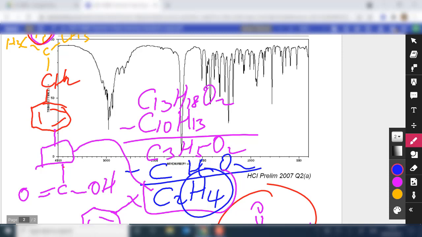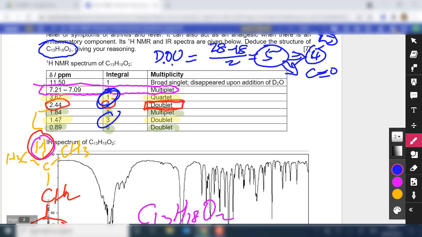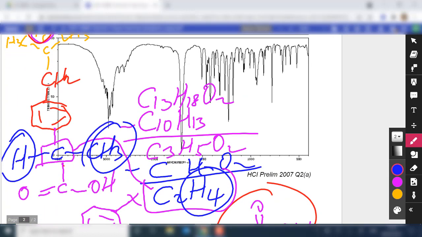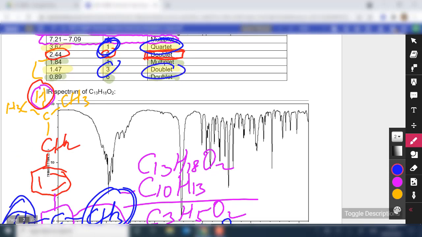So in this case, I would propose a CH, and then by one more bond, there will be a CH3. This is a perfect match already, because this hydrogen will be split into a quartet by the CH3, which is reflected by this particular multiplicity. And then this particular CH3 will be split into a doublet by the H, which is reflected by this.